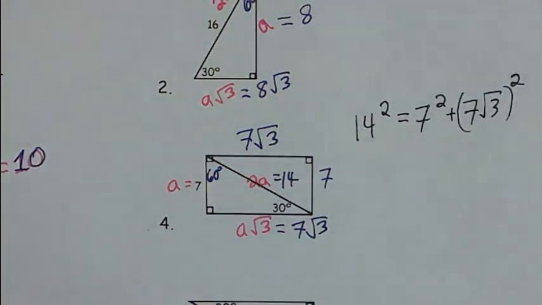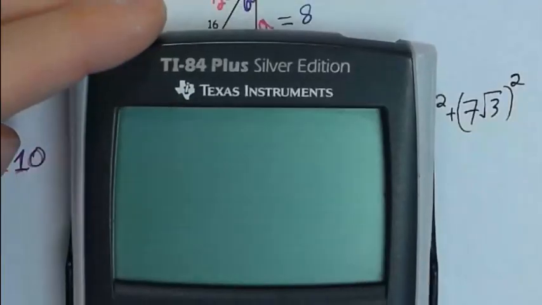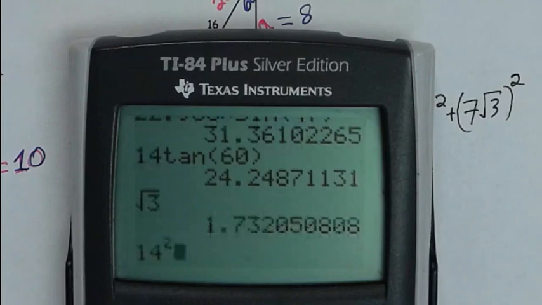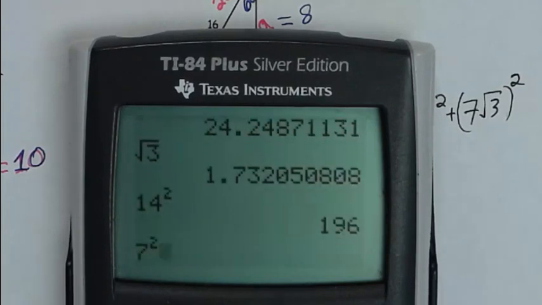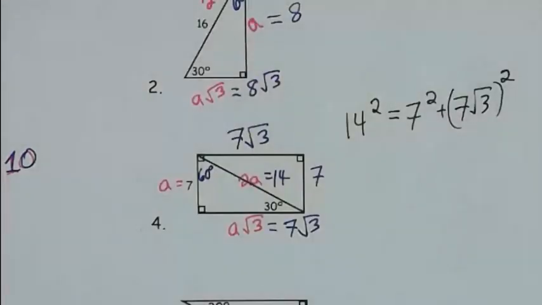If I get a calculator here, I first can see what 14 squared is. Well, that's 196. 7 squared plus 7 times the square root of 3 squared equals 196. And we've proved that our pattern works for that triangle.